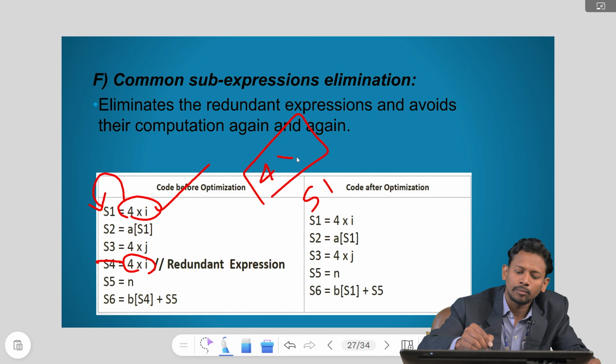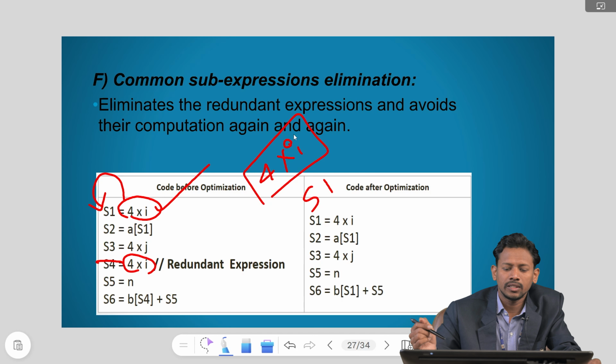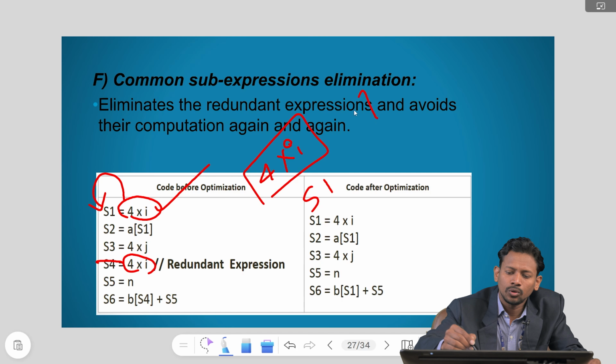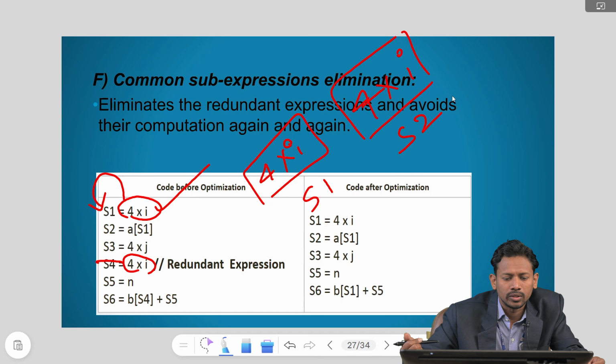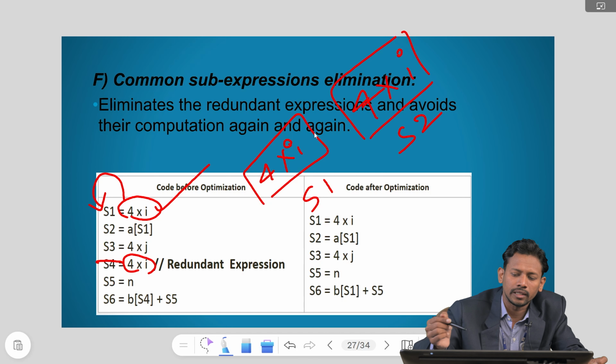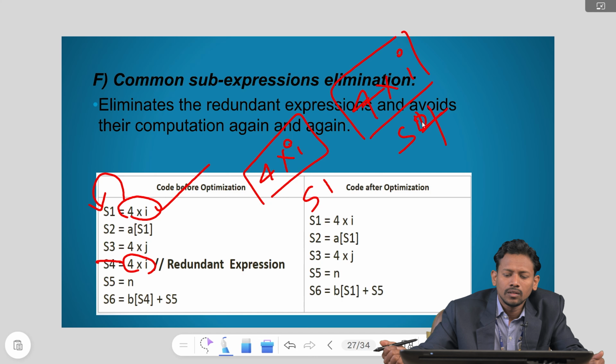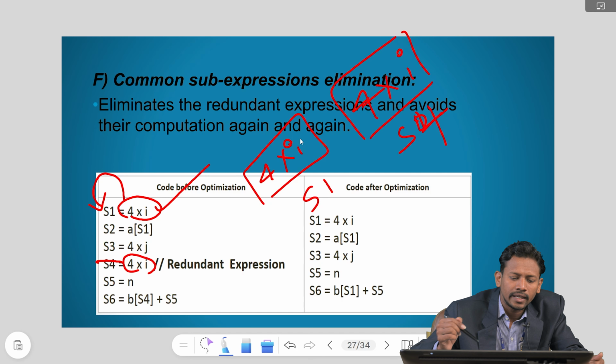So there is no need to calculate 4 multiplied with I again and store it in another variable. This is a redundant process, because these are common sub-expressions. So whenever the 4 multiplied with I expression is there, immediately substitute the S1 value only.